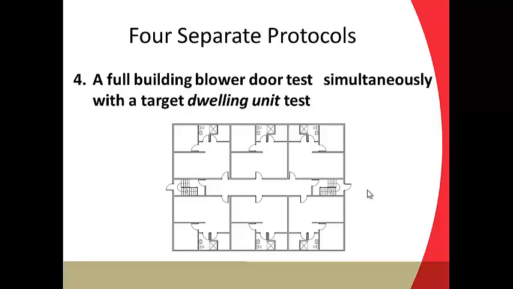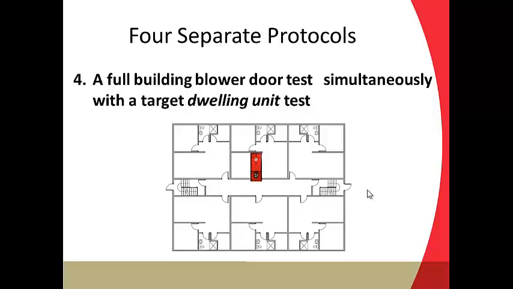Fourth option is an interesting option that really speeds up the testing process and gives you better results. So this is called a full building blower door test, while simultaneously with a target dwelling unit.